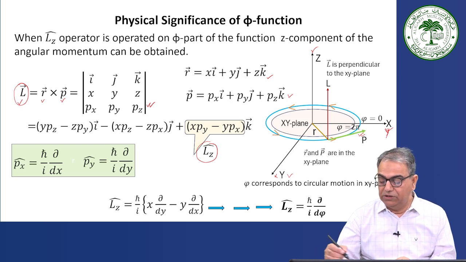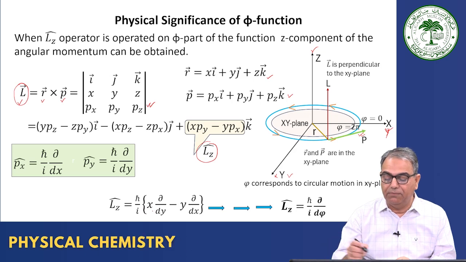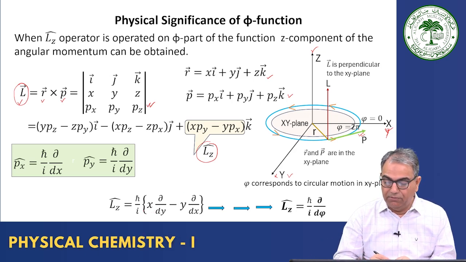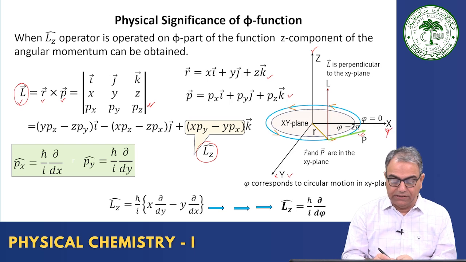Okay. So this phi corresponds to a motion in the xy plane, and your Lz component could be written as the operator for the Lz component of the momentum. L is perpendicular to the xy plane, and the Lz component could be written as h cross i (x d/dy minus y d/dx).